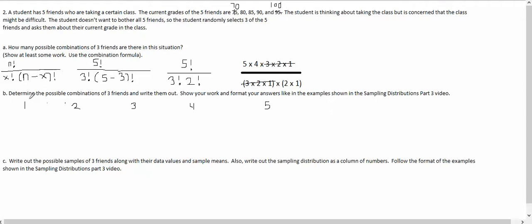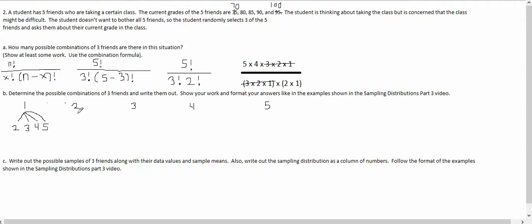So it's friend 1 up to friend 5. What we do now is we start at 1, and under 1 we write out the numbers that come after 1. So there are 5 friends. So the numbers that come after 1 are 2, 3, 4, and 5. And we stop at 5 because there's only 5 people in the population.